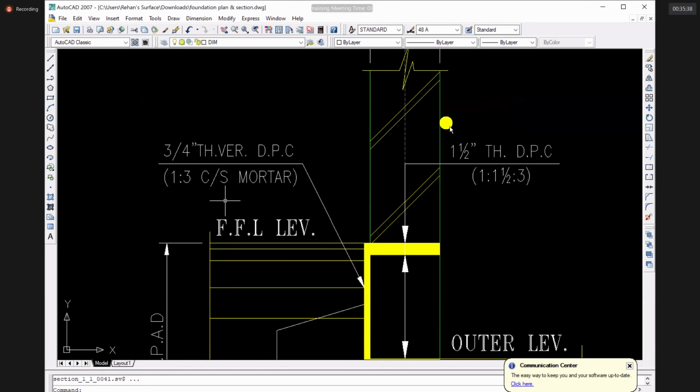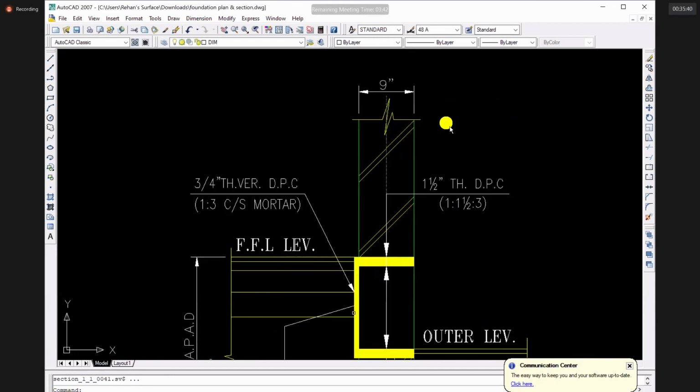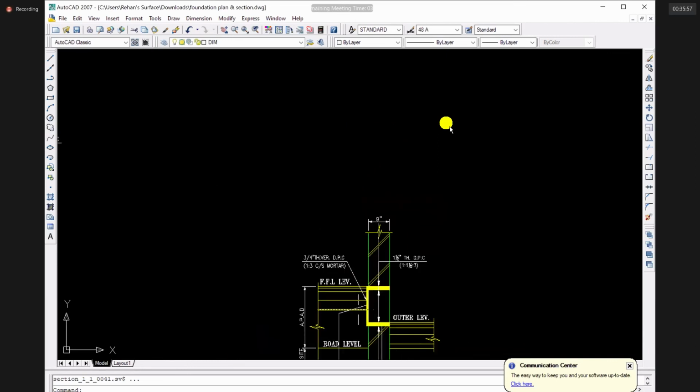Then once this is hardened, you should apply 2 coats of hot bitumen layer over it, and over it you should paste a polythene sheet layer in the vertical direction, right? This is the detail of the vertical DPC.